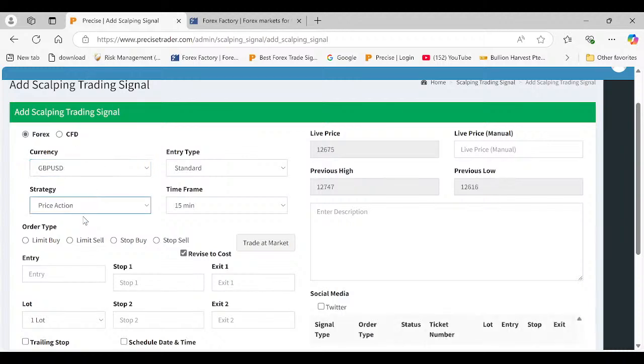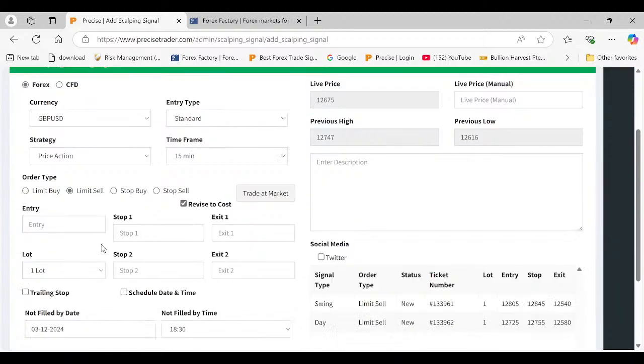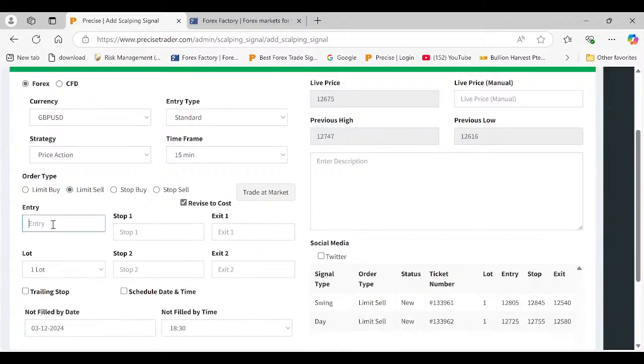So we'll try to sell at 126.90 or 85. Okay, 126.85 or 90.